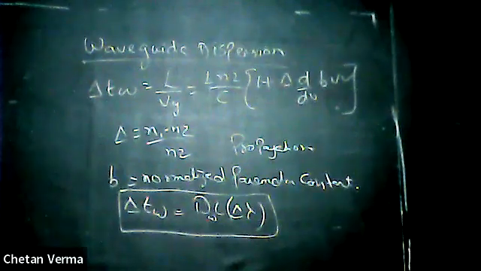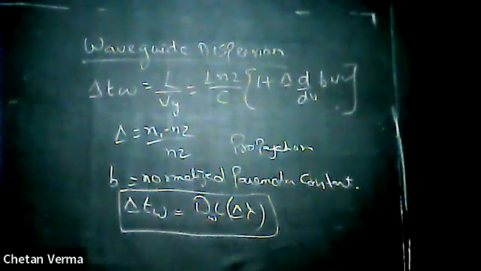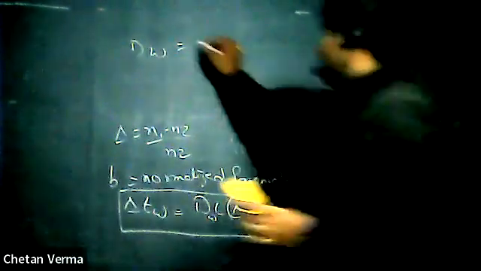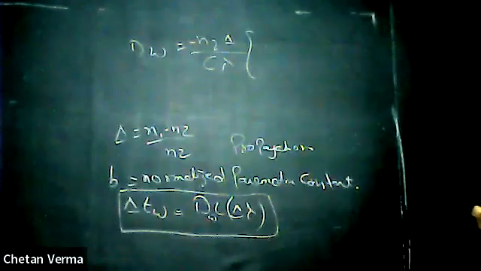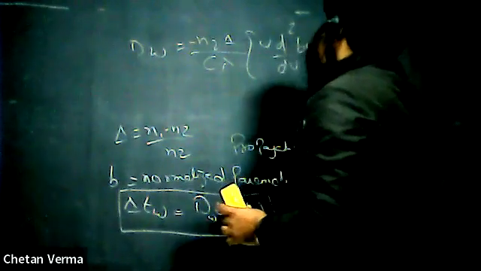Here D_W is known as the waveguide dispersion parameter. It should be written as D_W equals minus n2 delta by (C lambda) times V times d squared(Vb) by dV squared.